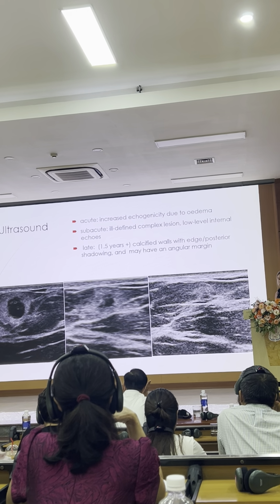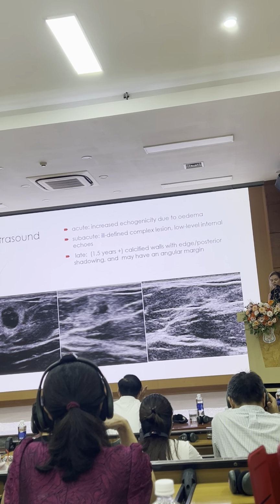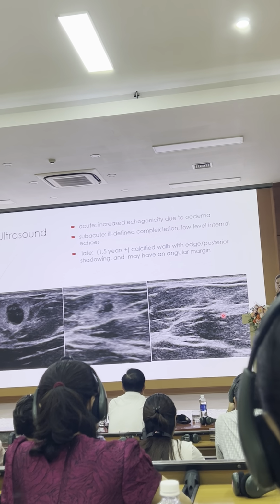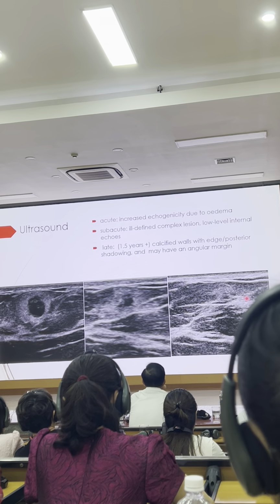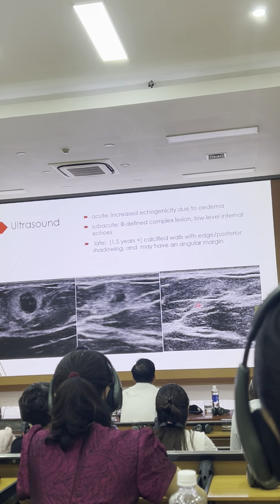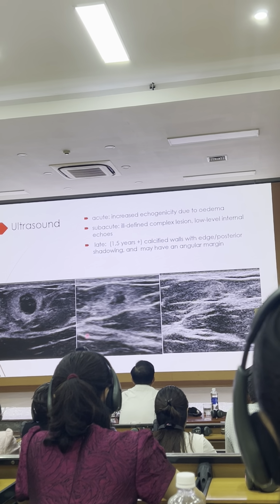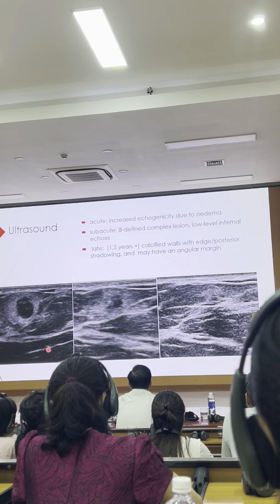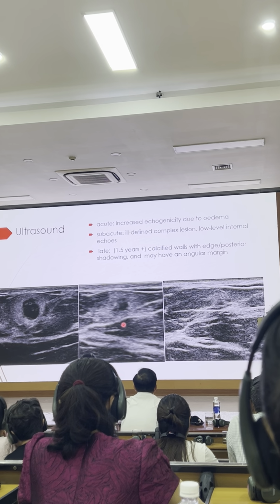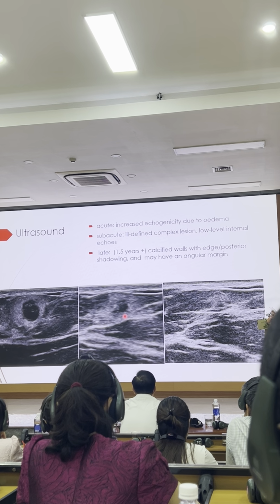On ultrasound, there's a typical progression of fat necrosis. In the acute stage, shown here, there's increased echogenicity due to edema, and this has a typically benign appearance and doesn't require any biopsy. These two are showing the more subacute phase. It's ill-defined, a complex lesion with some low-level internal echoes.